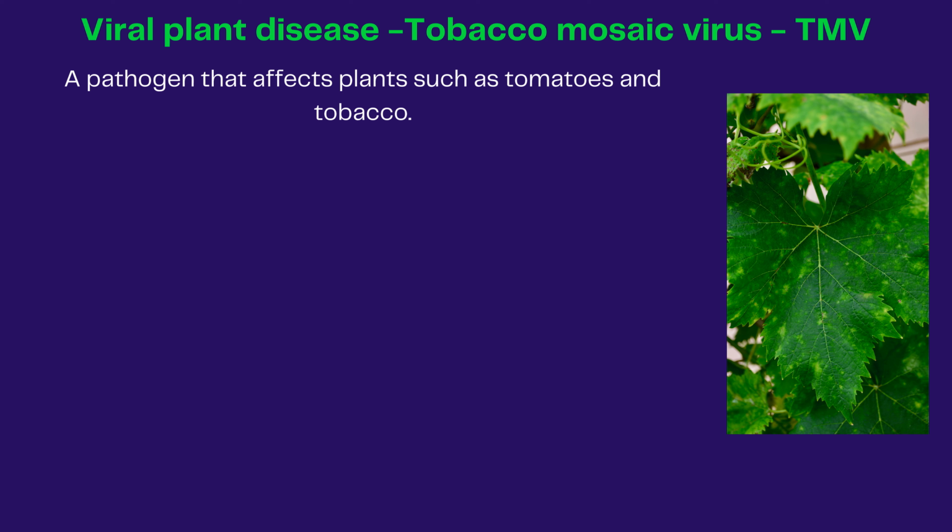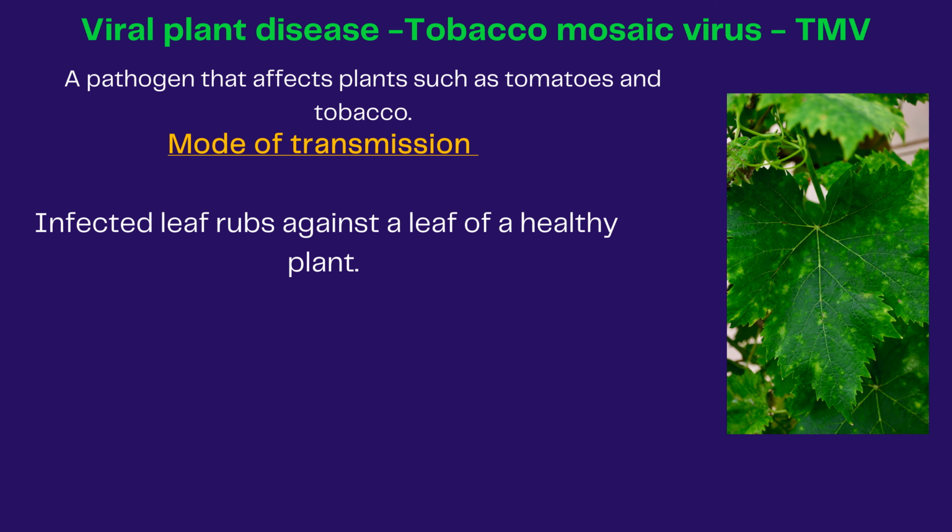Okay, so let us go into tobacco mosaic virus, also called TMV. So first of all, you need to know that TMV is a virus, right? It is a pathogen that affects plants such as tomatoes and tobacco. Mode of transmission, meaning how can it be passed from one plant to another?